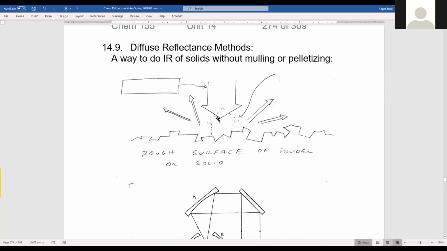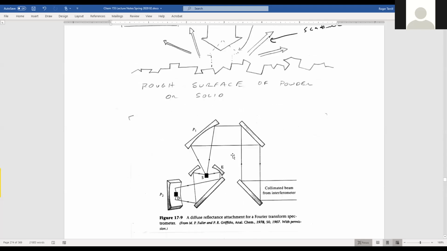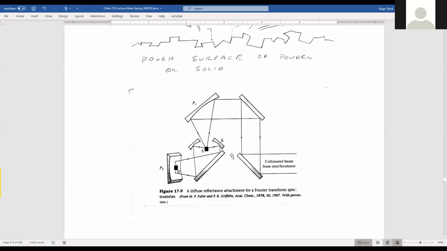And in diffuse reflection, you've got an incident beam here. And then you've got a bunch of scattered beams. And you do your best to collect a wide angle of scattering, right?